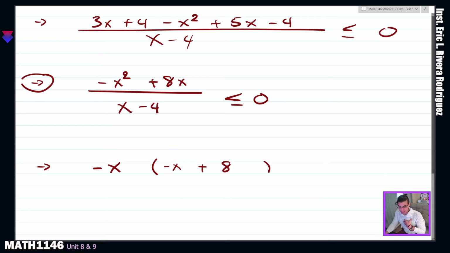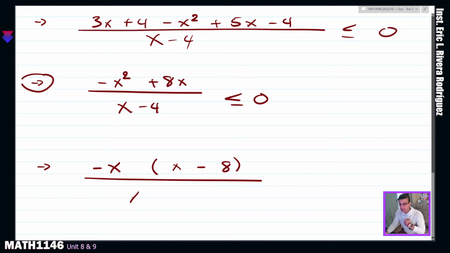What is the effect of having the negative in front? I flip all the signs inside this factor, so now I have positive x minus 8. This is just me playing with the algebra to make this exercise the way I prefer, but you don't need to do this, it's just a step.